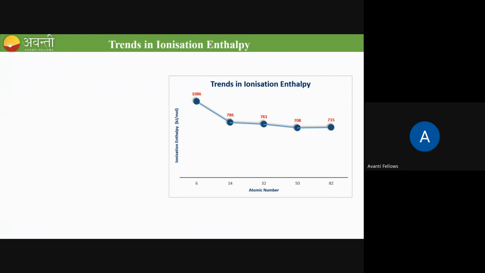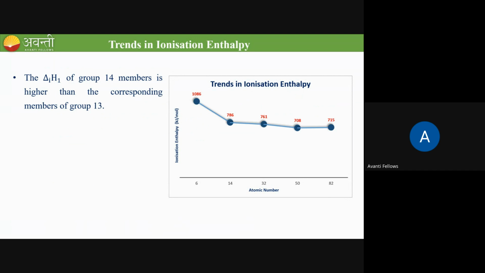The decrease is very large from carbon to silicon, and after that it is only a gradual decrease. The first ionization enthalpy, that is delta H1, of group 14 members is higher than the corresponding members of group 13. Let me take boron and carbon. Boron is group 13 and carbon belongs to group 14.